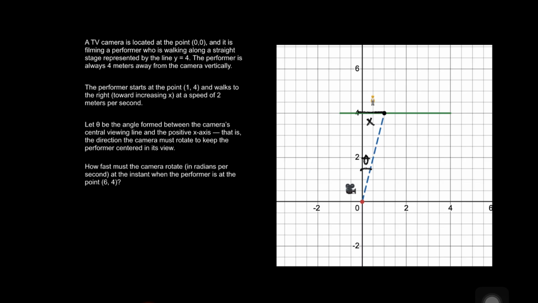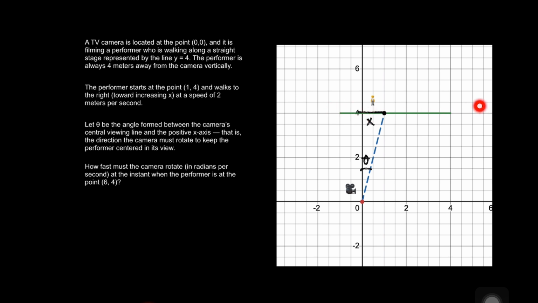All right, I'd like to come back to that problem that we started the video with. So we've got our camera pointed at a stage. Just to put some numbers into this problem, let's say that our camera is sitting here at the origin, just like I have in my picture. And it's filming this person that's on the stage. And the stage is exactly 4 meters away from the camera.